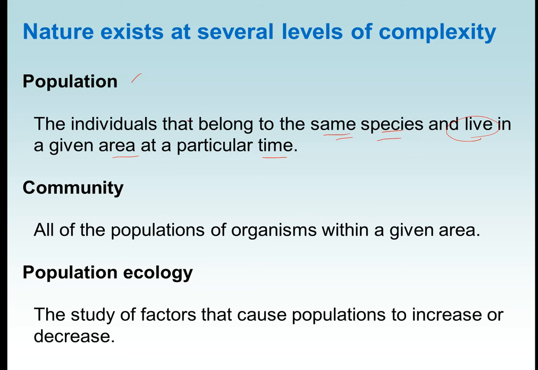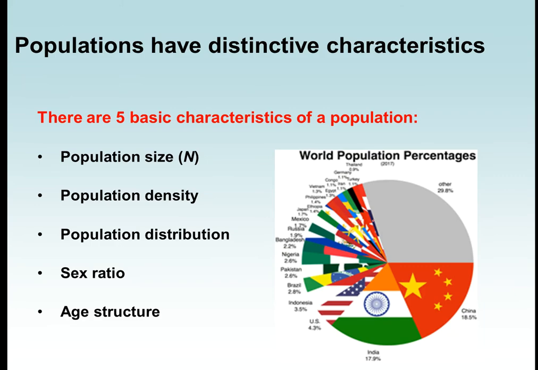So we might have a population of rabbits within a given area, and then we might have a population of foxes within a given area, and then the community would be comprised of both rabbits and foxes, and then the many, probably hundreds or even thousands of other organisms that comprise the populations within that area. Population ecology then studies the factors that cause these populations to change, to either increase or decrease. And so that's what we're going to study.